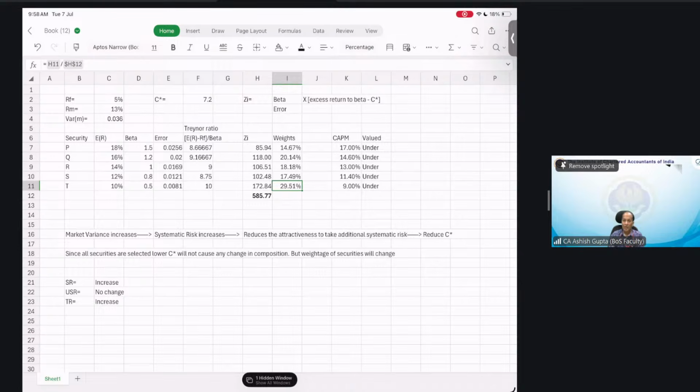Yes, it's over. Okay, student, now with this we come to the end of this first lecture of the live virtual revisionary classes, targeting the November 2026 examination for the paper Advanced Financial Management. As this is a revisionary session, Jagbandhu sir started with very simple logic, the basic nuts and bolts of portfolio management.